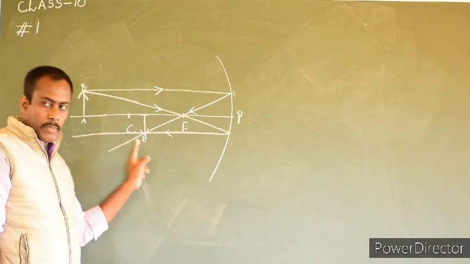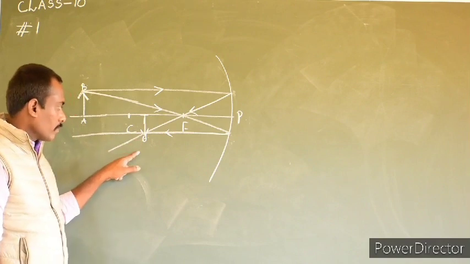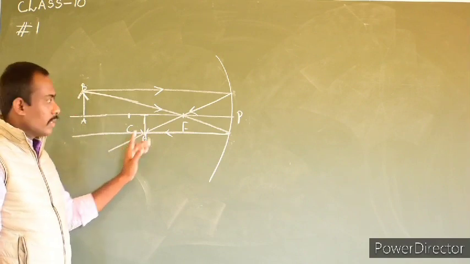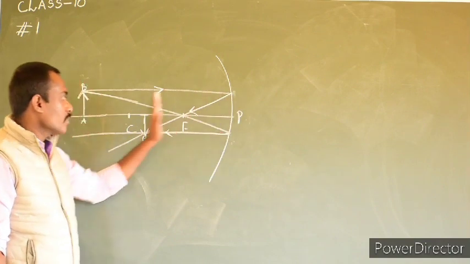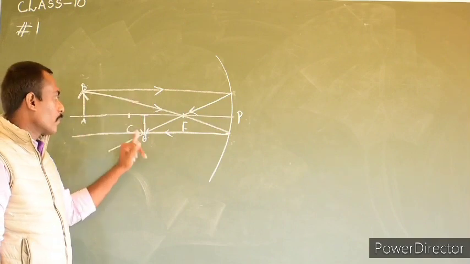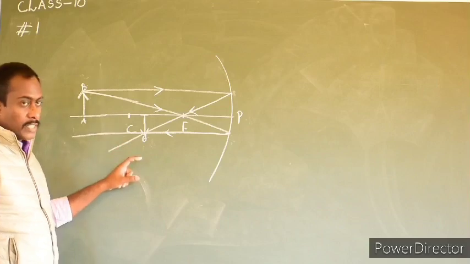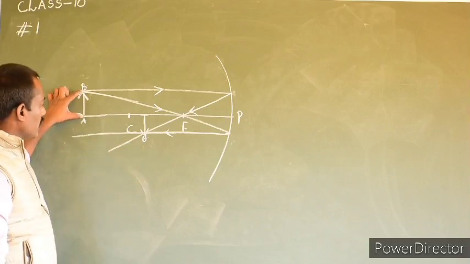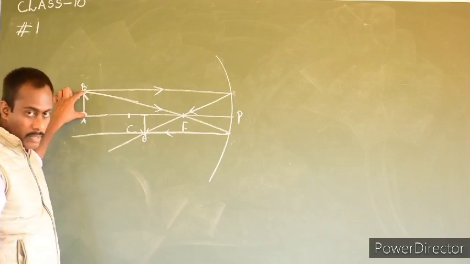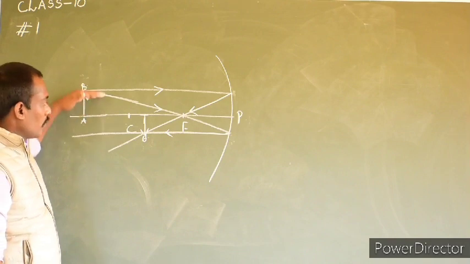And the image will be inverted, and the image is also formed on the same side of the mirror. Therefore, the image is real. And what about the size of the image? The size of the image is smaller than the object.